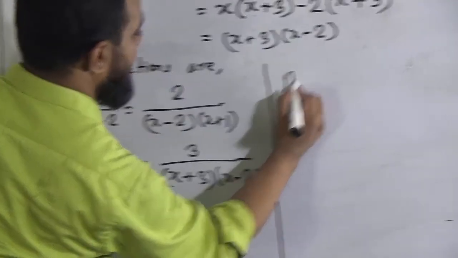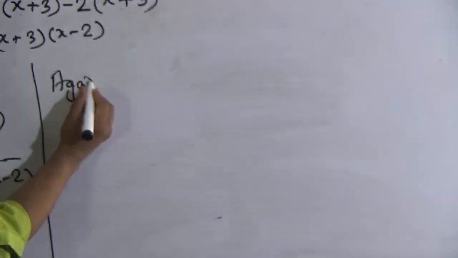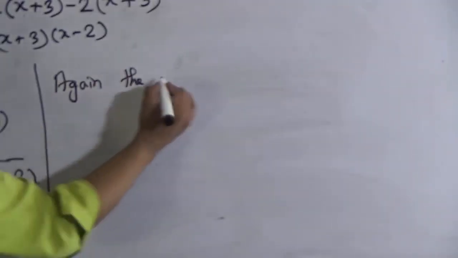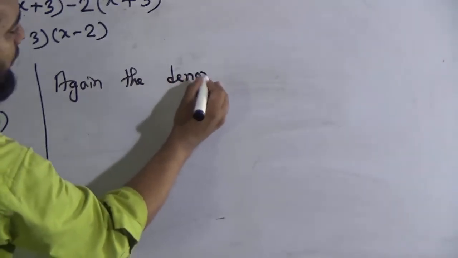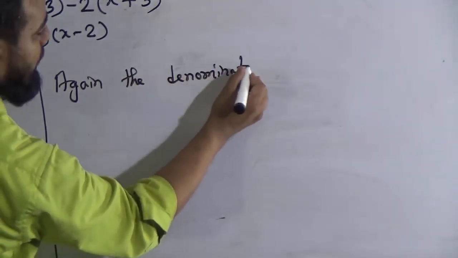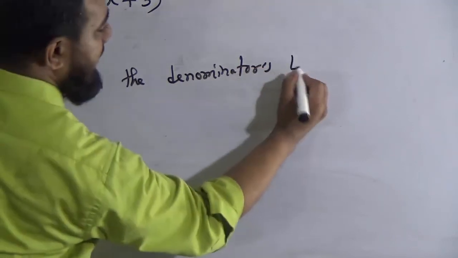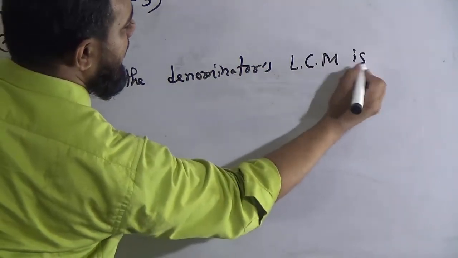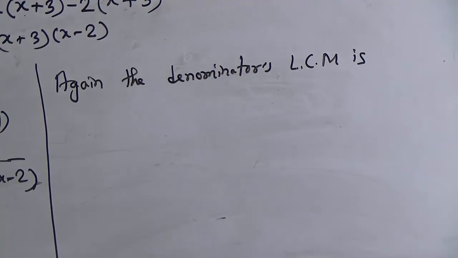Now again, the denominators' LCM is what? The denominators are x minus 2, x plus 1, x plus 3, x minus 2. So the multiplication of all the terms will be the LCM.